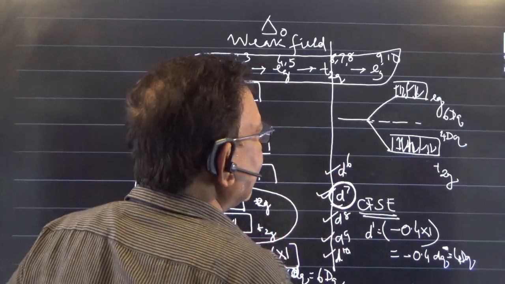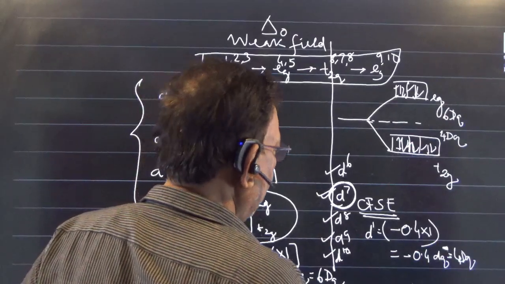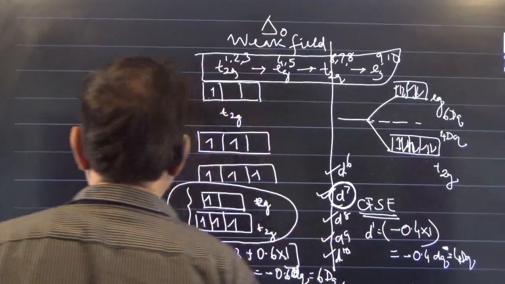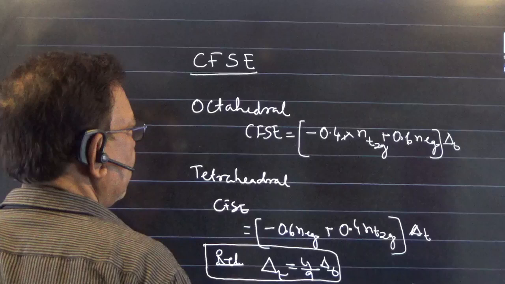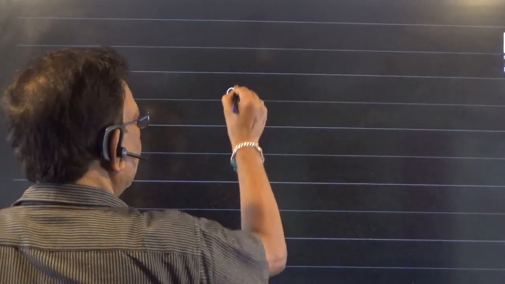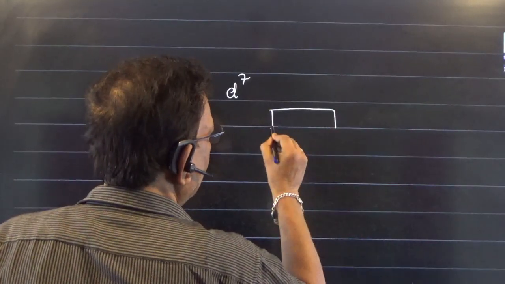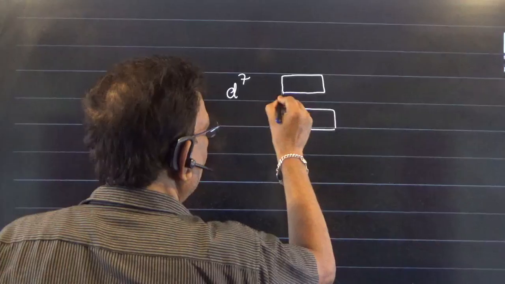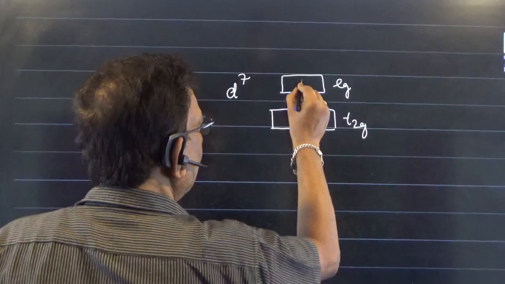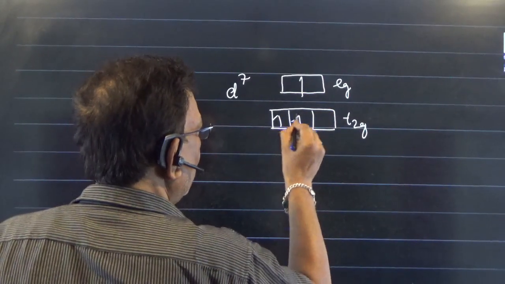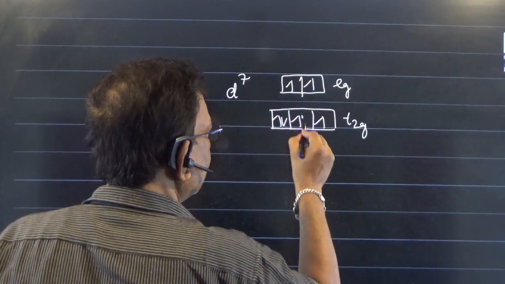That means how many electrons are there in T2G? 5 electrons. 0.8. D7. One, two, three, 4, 5, 6, 7. That is it.